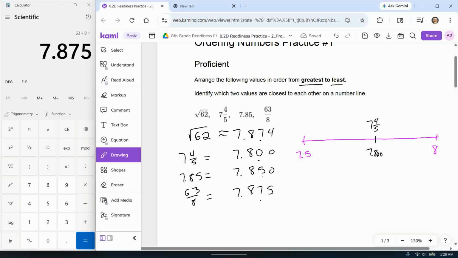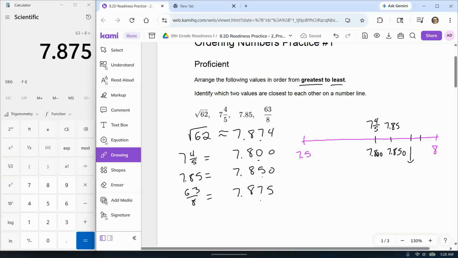My 7.85 is going to be next. So I'll put that right next to it, 7.850, and then 7.85. Now, the last two, I'm going to have to get pretty close because look, 7.87, 7.87. One is a 7.874, one is a 7.875. So those two are going to go right next to each other.